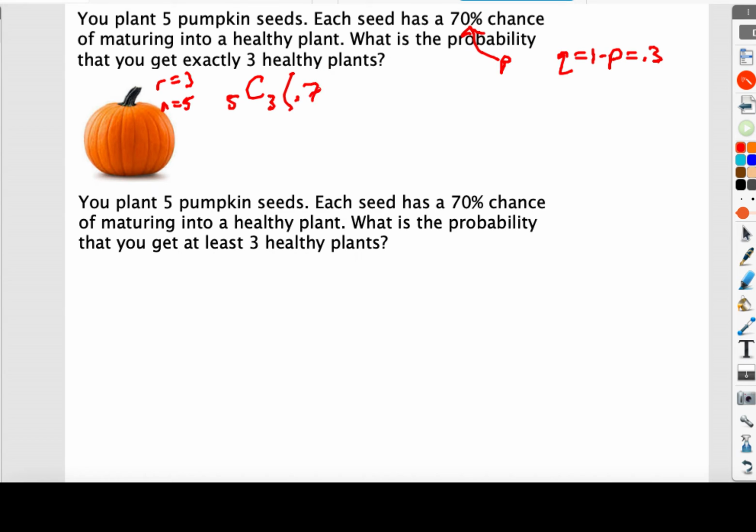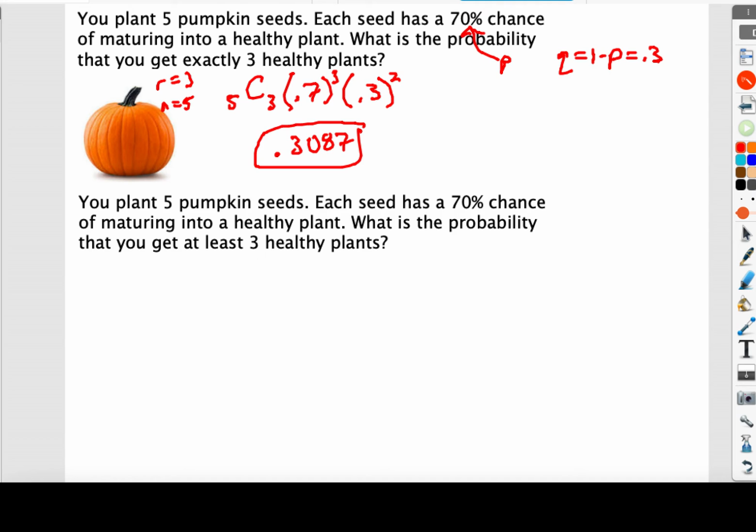So 0.7, we're going to have 3 successful plants, and 0.3, we're going to have 2 not successful plants. If you multiply all that out, your probability is 0.3087. So just a little over 3/10 of a chance of 3 successful plants out of 5.